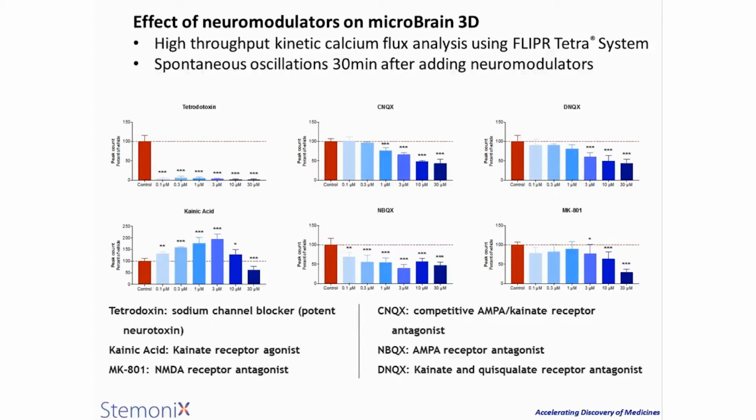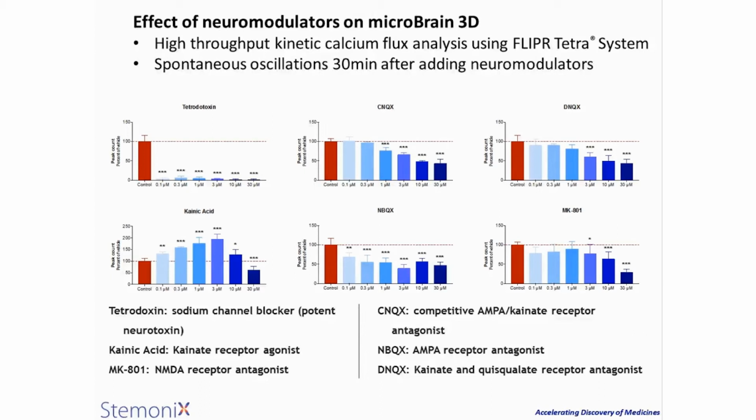More than 100% means that we're increasing the number of oscillations, or accelerating this oscillation pattern. And kainic acid does just that, as expected from an agonist of the glutamatergic system, but it also starts to repress after some time. We believe that at that point you start to reach excitotoxicity. The stimulus of kainic acid being too much, instead of having continuous acceleration, you're having a repression because you are inducing excitotoxicity.